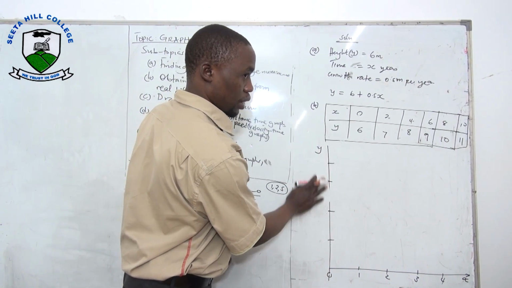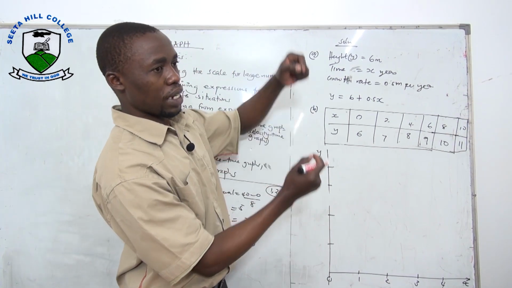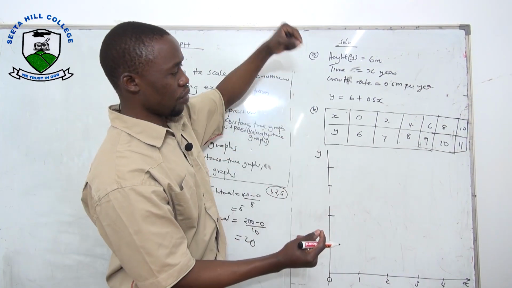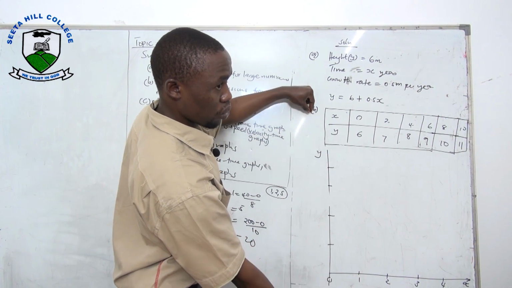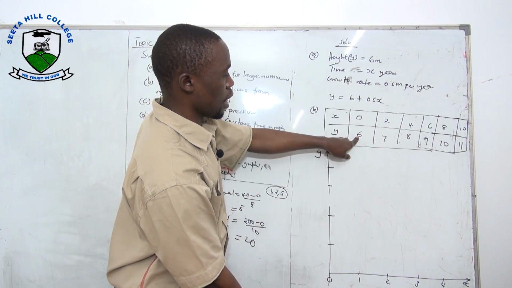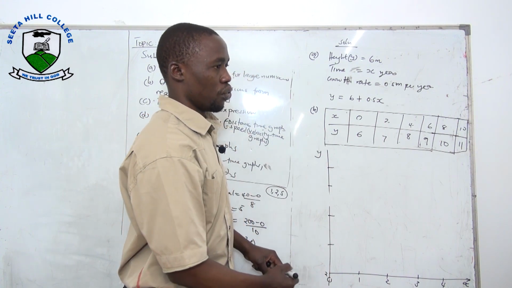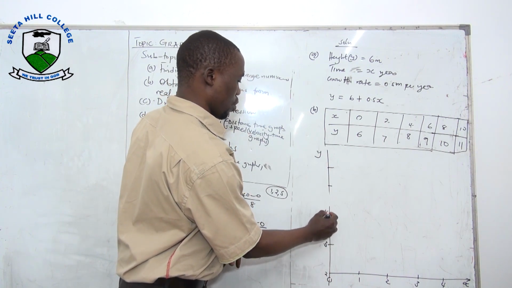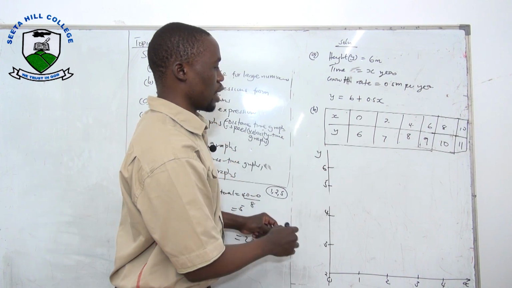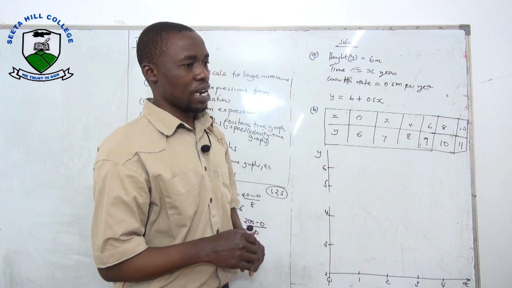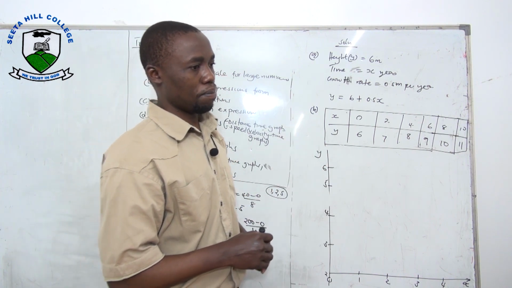I see them being so many because up we have only 10 vertical boxes to use. That means since I need only 6, I can even start from 2, 3, 4, 5, 6. Go on like that up to 11 and start plotting.